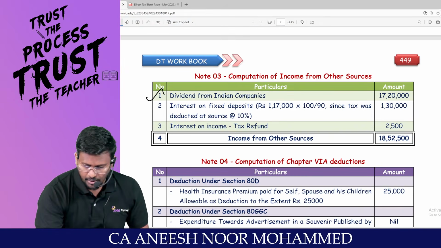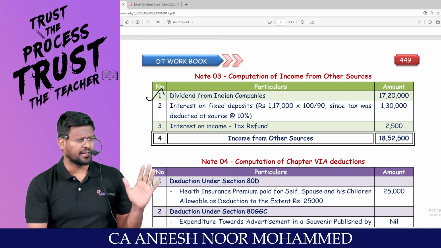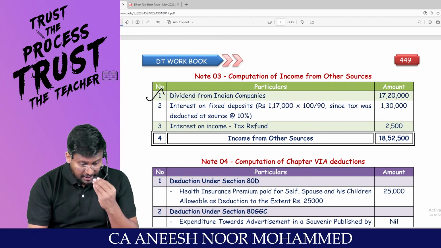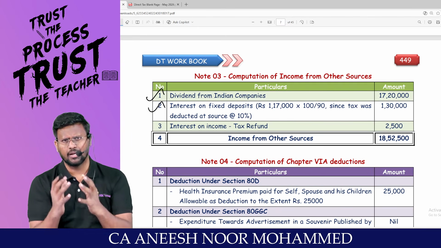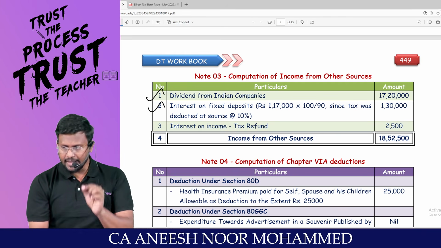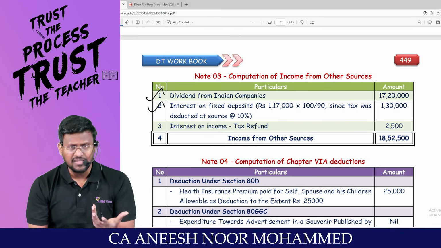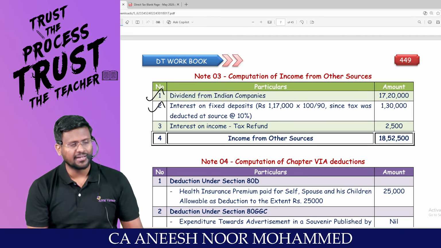Dividend from Indian company, 17,20,000. Always the dividend will be taxable under the head IFOS. Interest on FD, my dear lovable students, only 90 rupees we would have received. That 90 only would have been credited to the P&L account. Balance 10 would have been deducted as TDS.